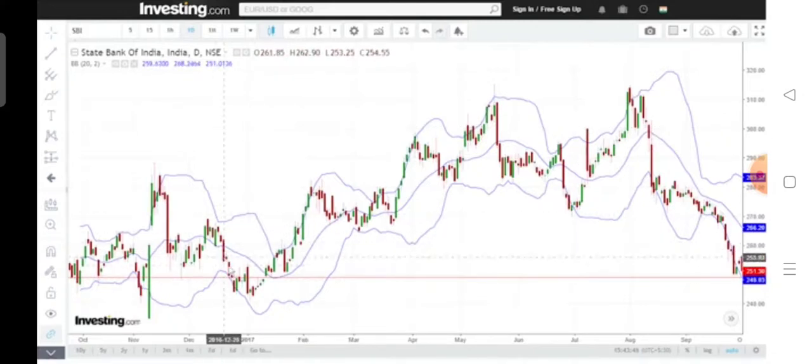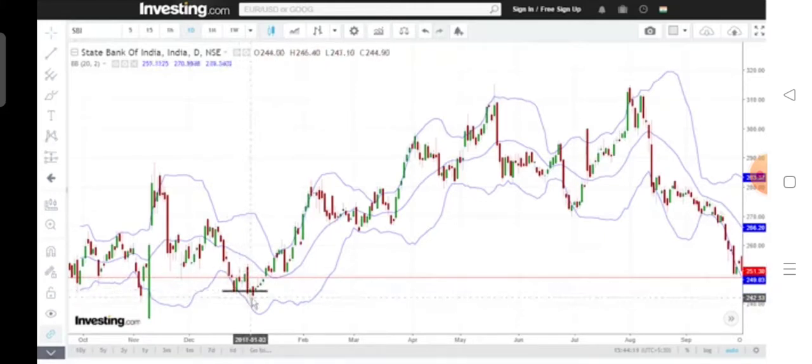Now look at the W bottom. Before that there was a very fierce down move, and now see, the first bottom was made outside the lower Bollinger Band. Then there was a pullback, and at the pullback someone sold the stock, and then the second bottom was formed, but this time well within the lower Bollinger Band.